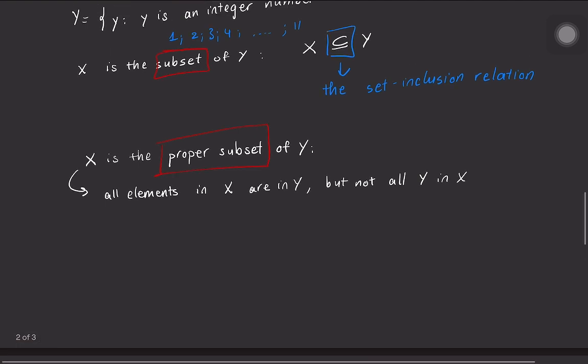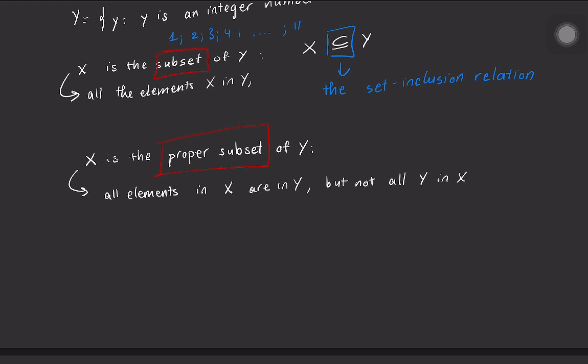But in just a subset, all the elements of X are in Y, and Y can also be in X. So that's the main difference here between a subset and a proper subset.